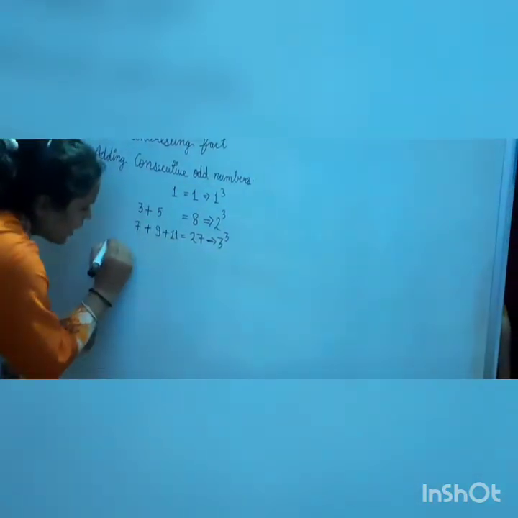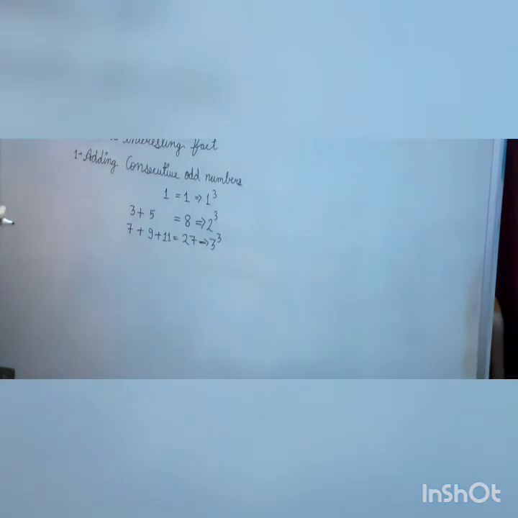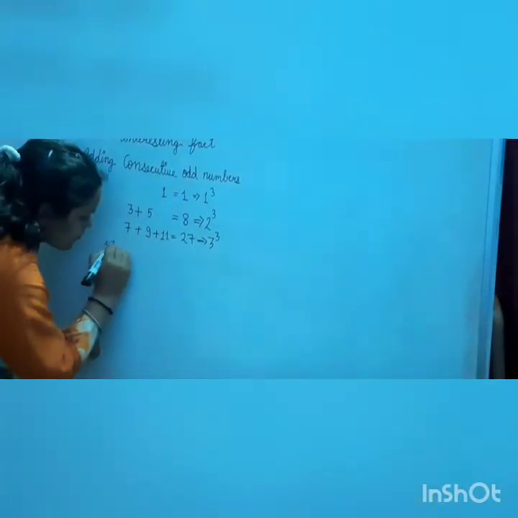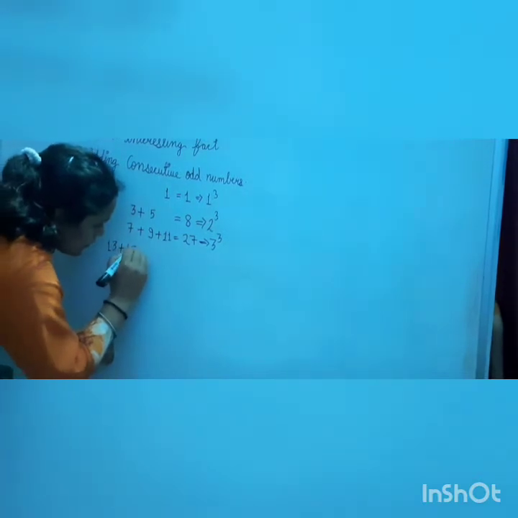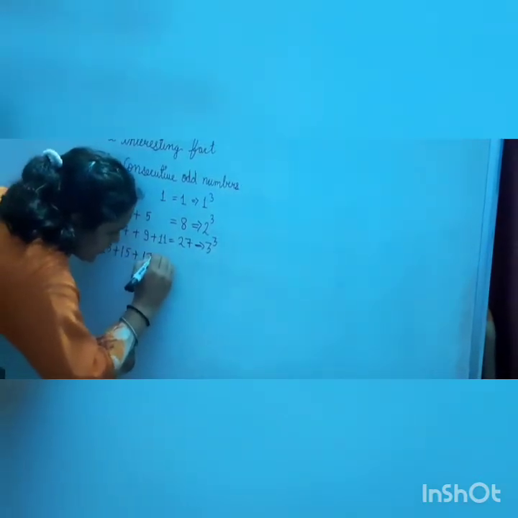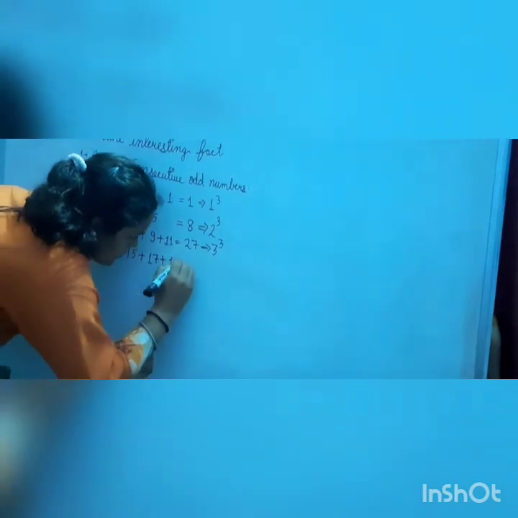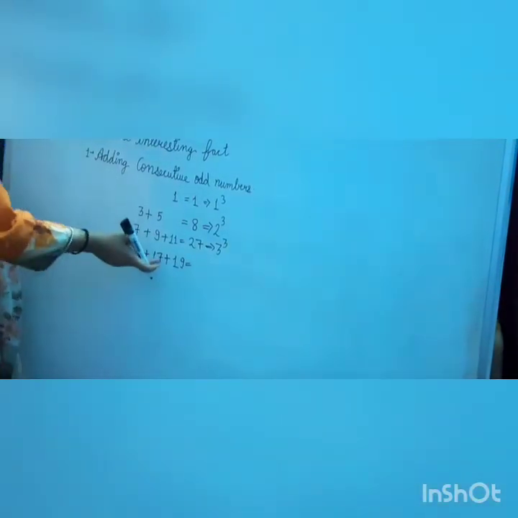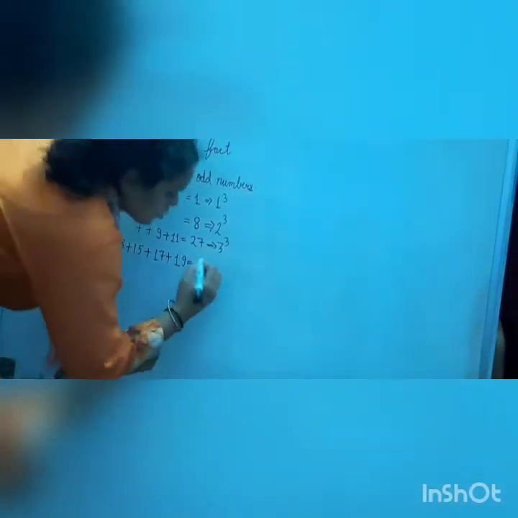Now next, after 11 you have to take 13, 15, 17 and 19. It will equal, as you know, 3 plus 5 is 8, 8 plus 7 is 15, 15 plus 9 is 24.